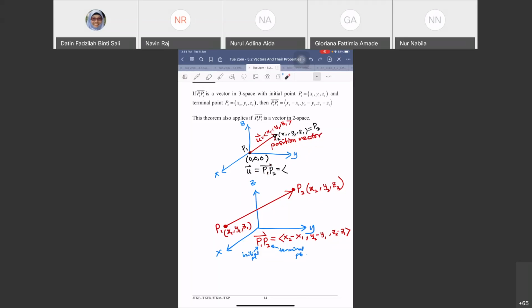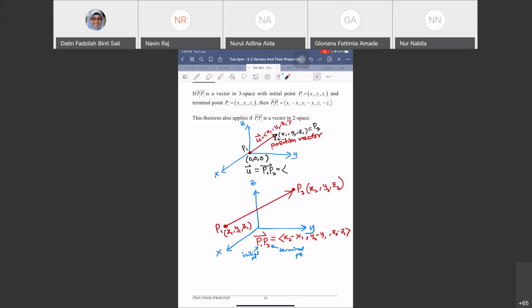So for this position vector, remember that for a position vector, the initial point is at the origin, 0, 0, 0. The terminal point is at x1, y1, z1. Assuming P1 is here, the initial, and P2 is the terminal point here.